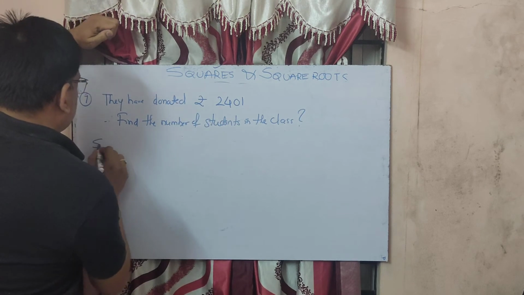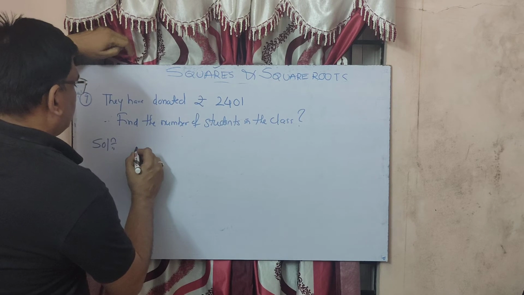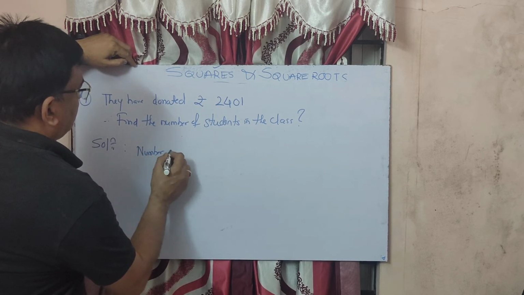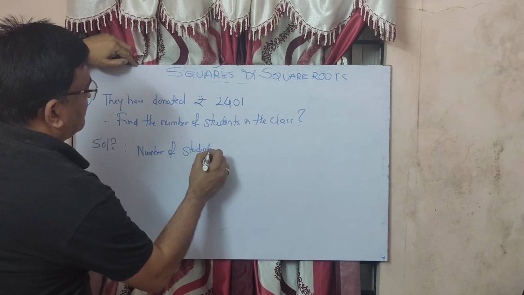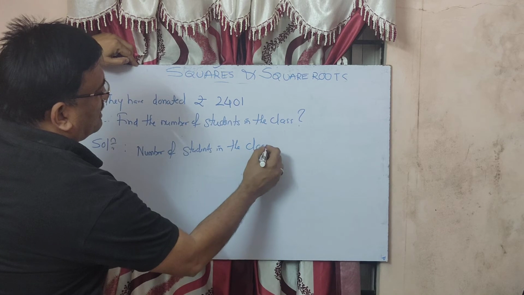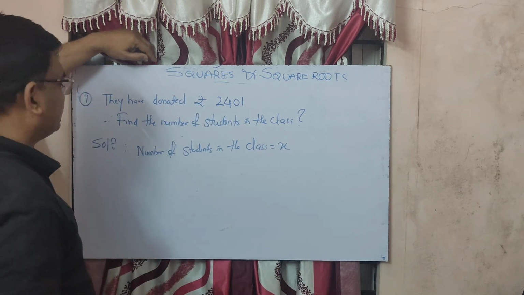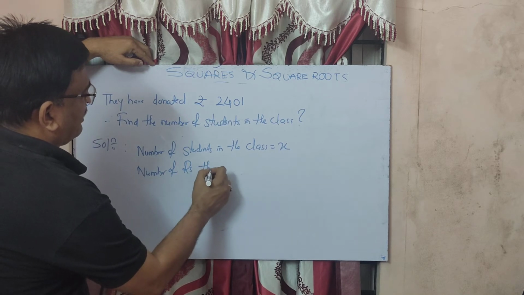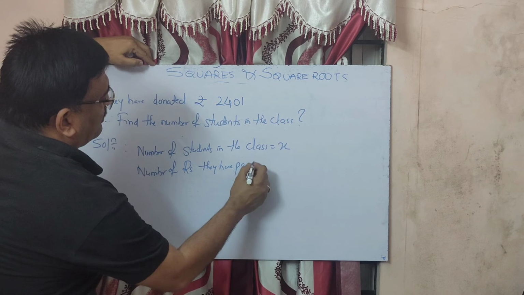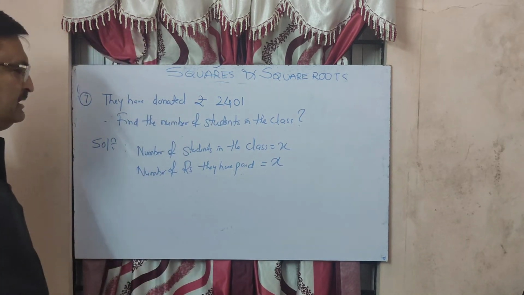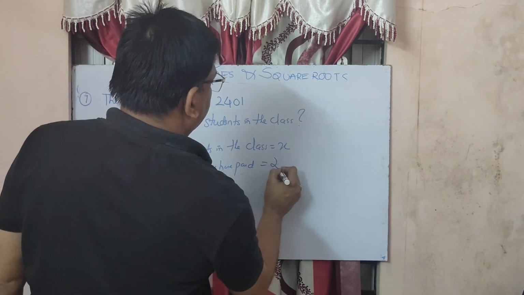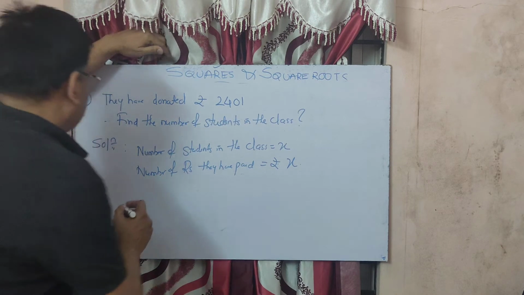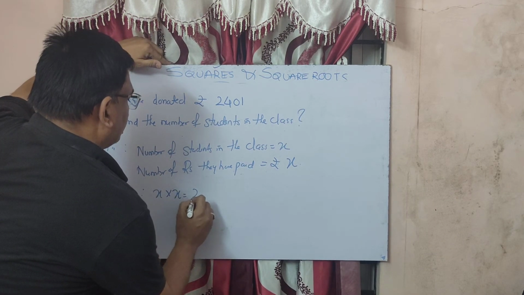So first, the solution: the number of students in the class is X. And the number of rupees they have paid is also X, because it is the same. So rupees X. Now let us find X. So X into X is equal to 2401.